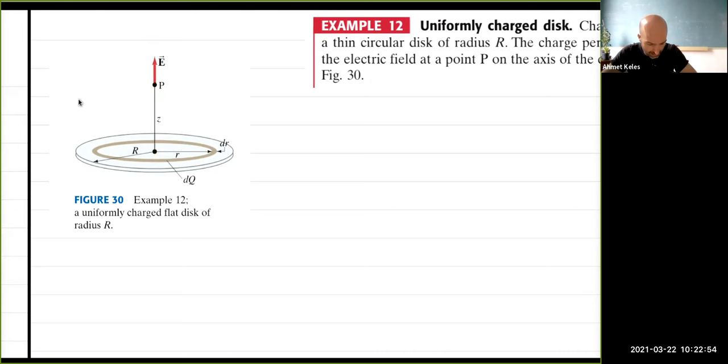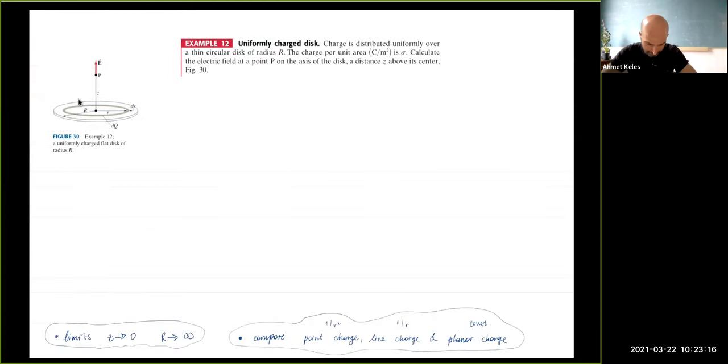We don't care about these awkward problems where you are here and you have to deal with some nasty integral. Just the symmetry axis, and it's a disk. Hopefully it will be clear why we are doing this in a moment. Why we are only interested in these nice symmetry points. So the idea is, the charge is distributed uniformly over a thin circular disk of radius r, charge per unit area is sigma, and calculate the electric field at point P.